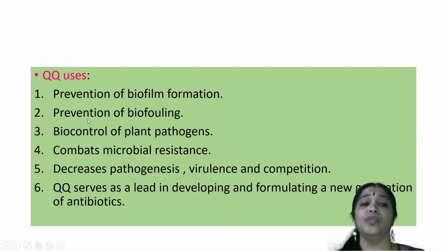Now, what are the uses of quorum quenching? Prevention of biofilm formation, prevention of biofouling, biocontrol of plant pathogens, combating microbial resistance, decreasing pathogenesis, virulence and competition. It serves as a lead in developing and formulating a new generation of antibiotics.